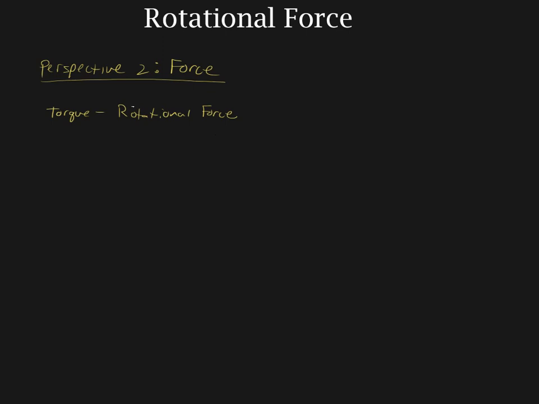Now, torque has units of meter newtons. And it's very common to see it written as Newton meters. But we don't like to do that. Can you guess why? The reason we don't like that is because the Newton meter we said was the joule, the unit of work or a unit of energy.